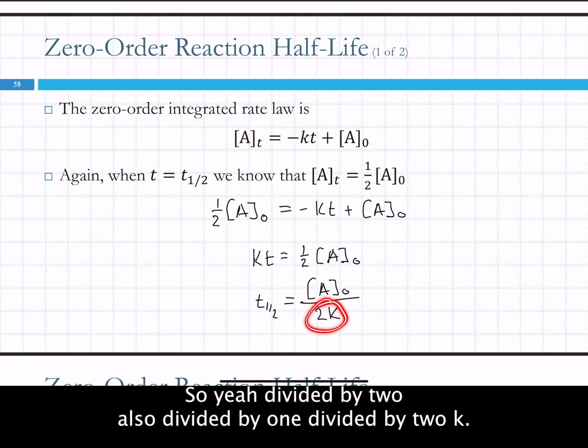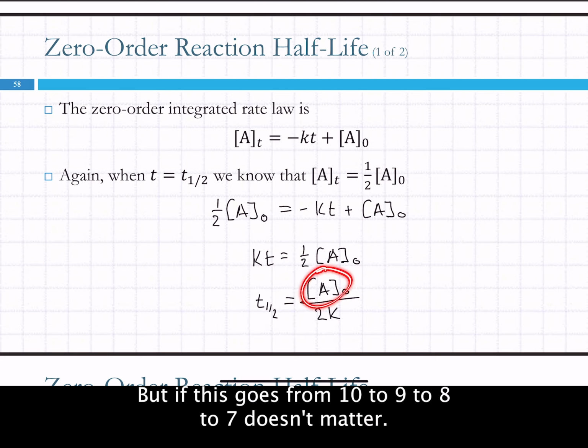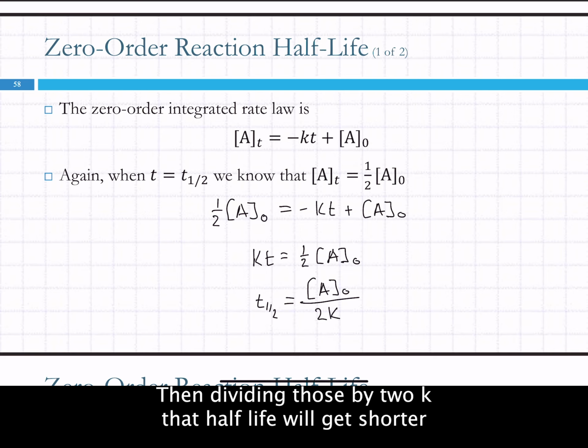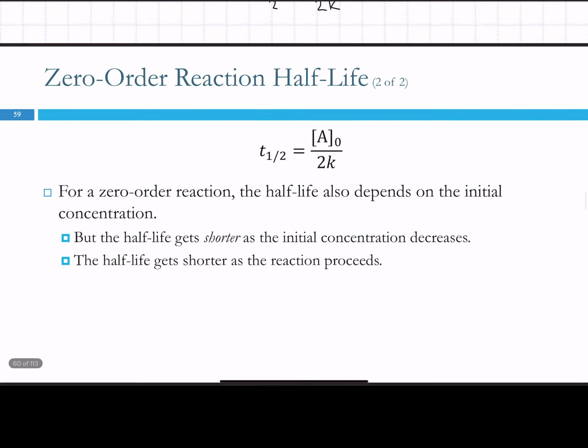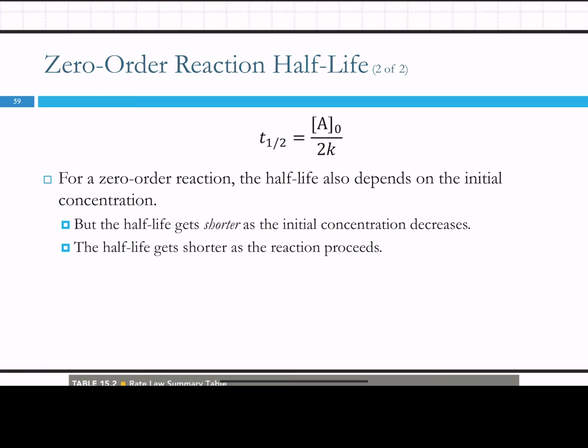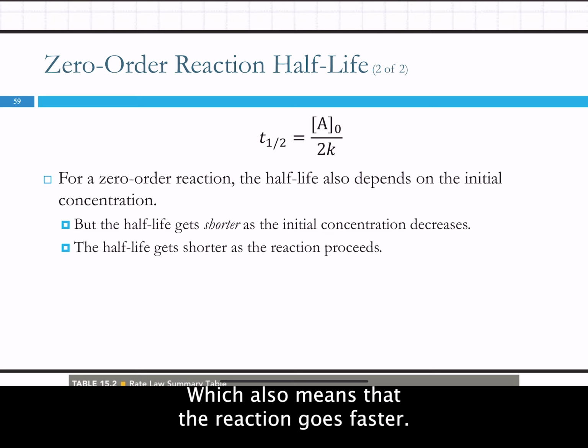So yeah, divided by 2k, but if this goes from 10 to 9 to 8 to 7, it doesn't matter that I'm dividing those by 2k, that half-life will get shorter for every interval. So half-life gets shorter as the initial concentration decreases, which also means that the reaction goes faster.